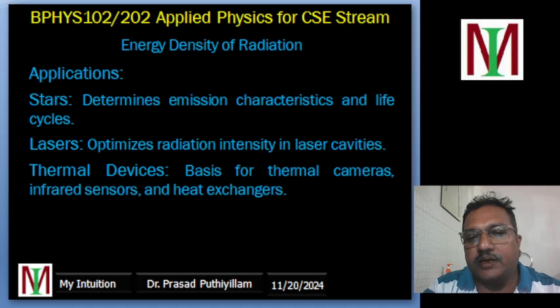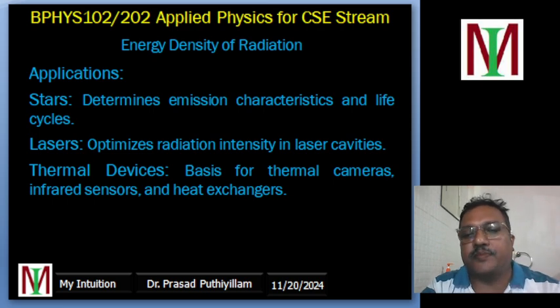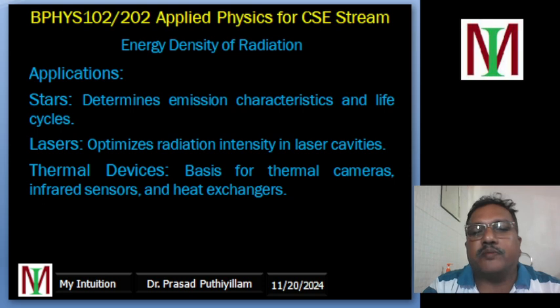The expression given for the energy density allows scientists and engineers to design thermal devices like thermal cameras, infrared sensors and heat exchangers. These are devices developed by engineers which depend on the understanding of how energy is radiated from hot surfaces.